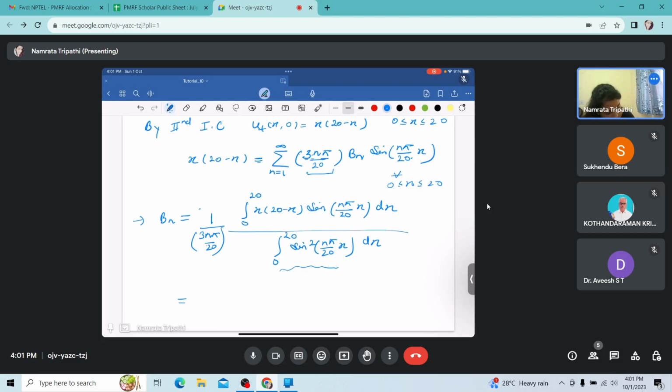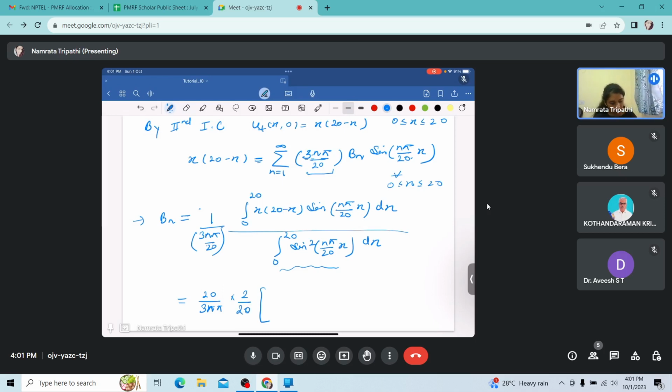L by 2. Okay. The numerator has the term 3n pi into 2 by L, 2 by 20.